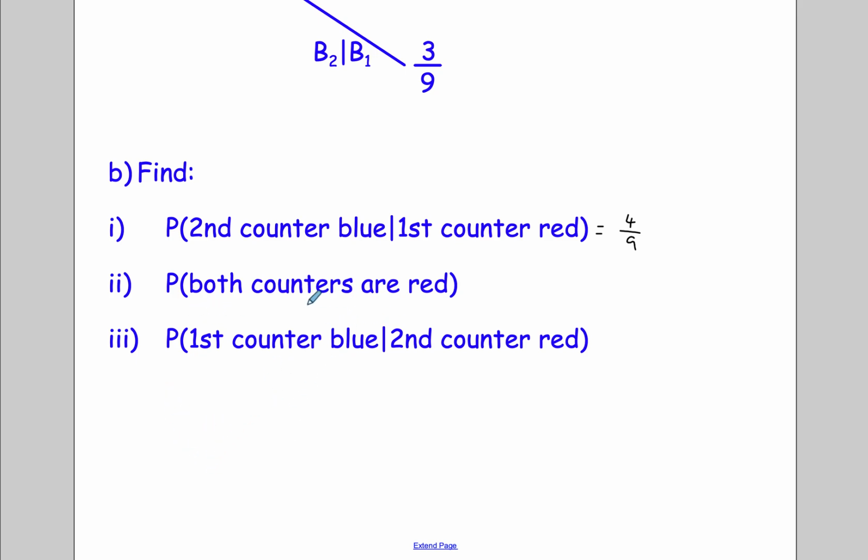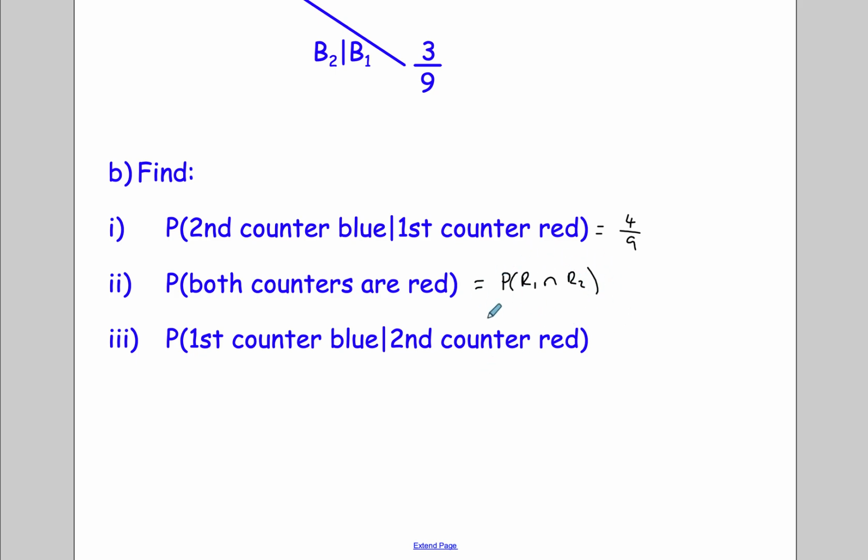So, both counters are red. What we want to do in any probability question is try and make the question say and, or given. We made the first question say given. I'm going to make this second question say and. So that's the same as asking for R1 and, or intersect, R2.